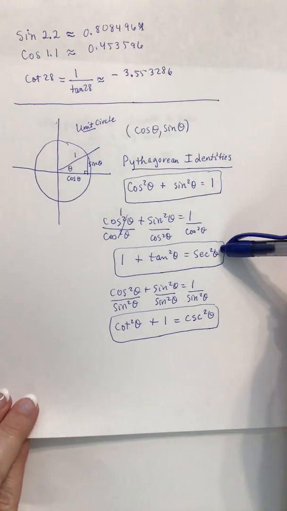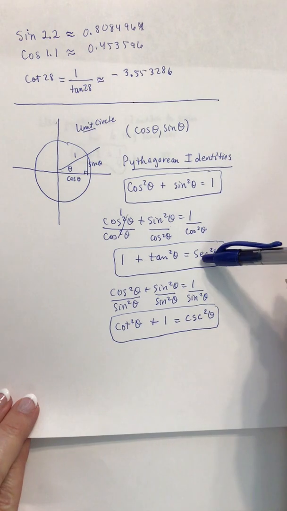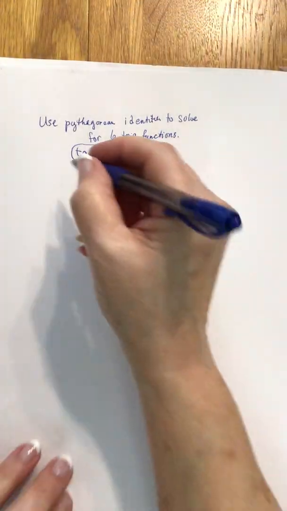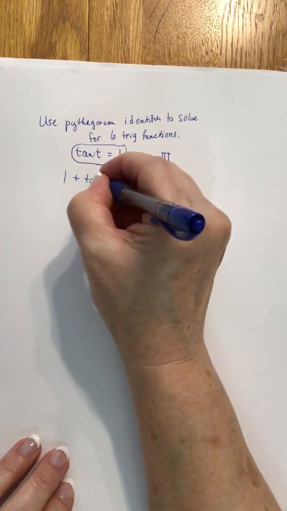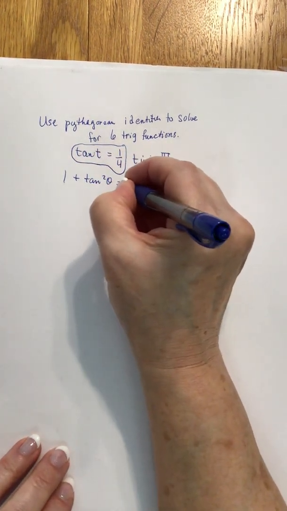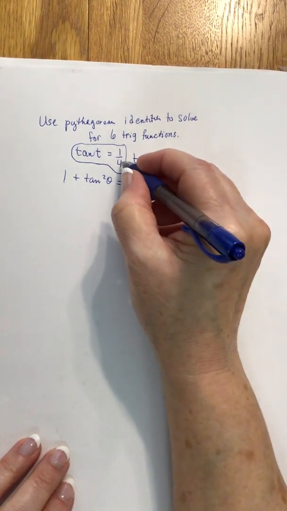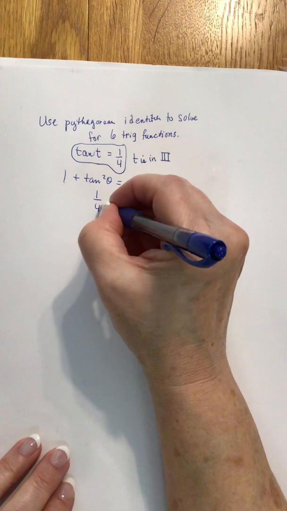So now we're going to look at our identities. We've got 3 different identities, but if they give me tangent, I'm going to use this one because it has tangent in it. So I'm going to write down 1 plus tangent squared theta equals secant squared theta. And I'm going to place 1/4 in for tangent.